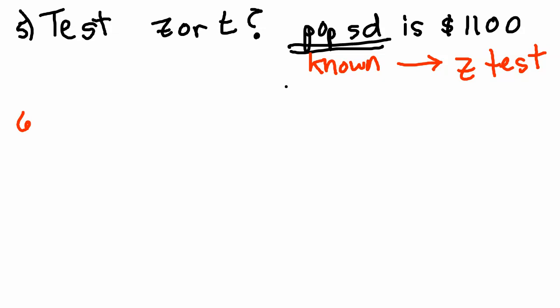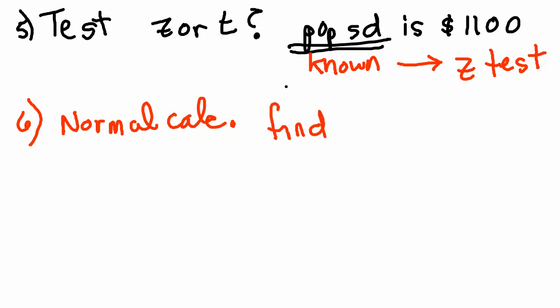Now, since it's Z, we go to the normal calculator, and we're going to find P, the probability, and I'll talk a minute about what P is after we find it. Okay, so I'm going to go to the online normal calculator, whichever one you like to use. Again, I like to use the one with the picture.